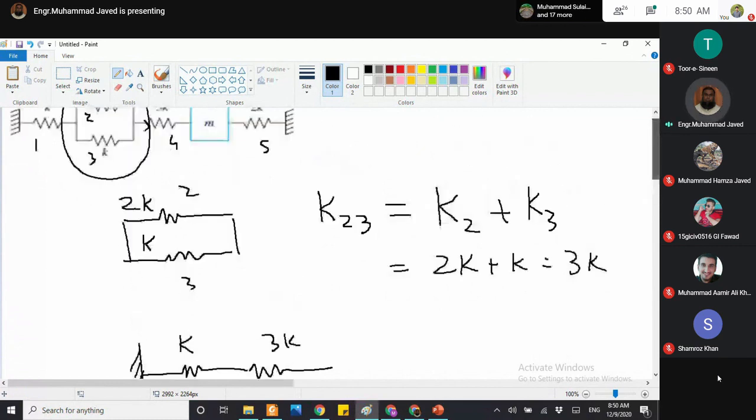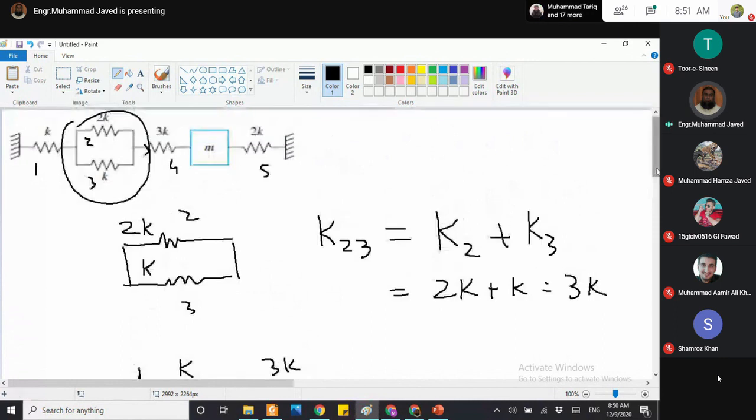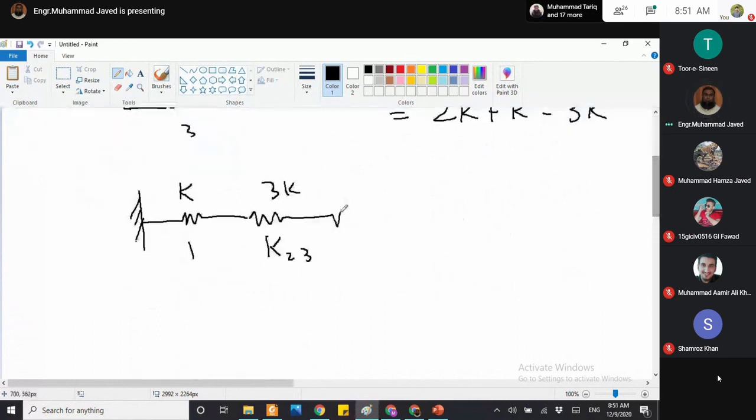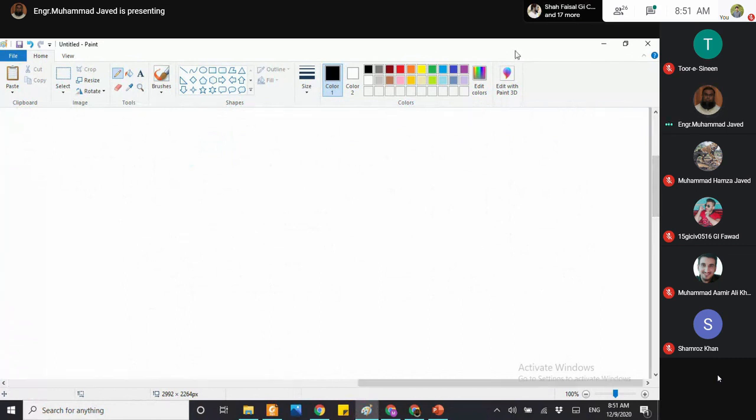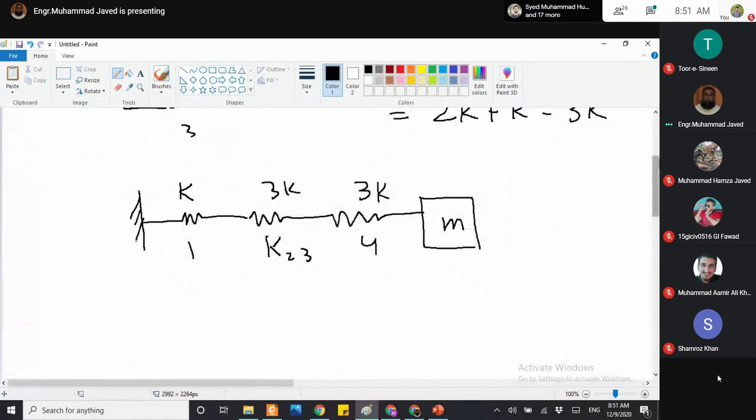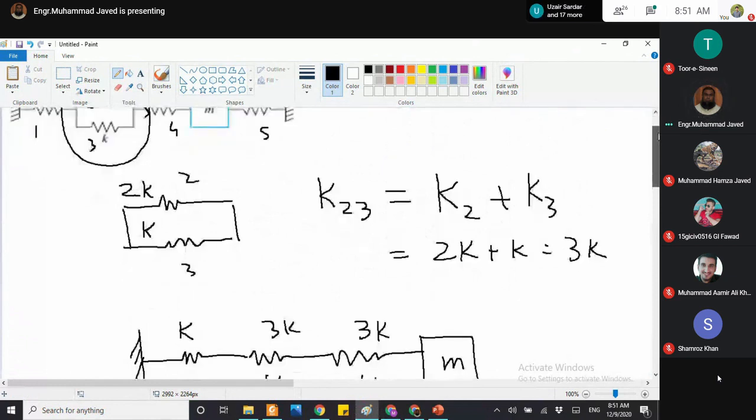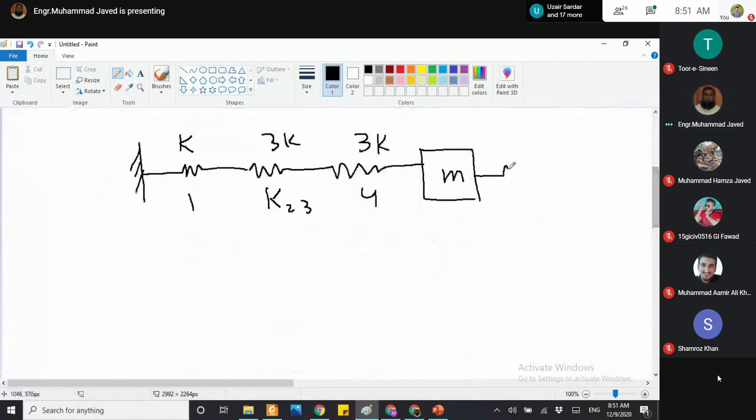Then we have another spring 3K. Then we have a mass, and we have another final spring number 5 with stiffness 2K.